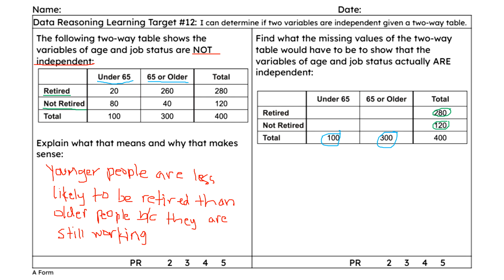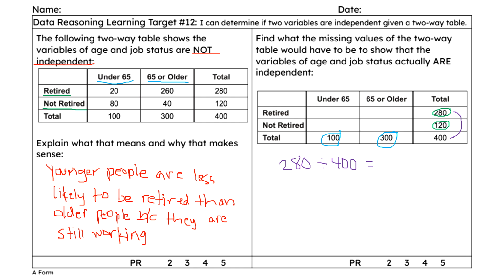I'm going to look at the column of the totals here. So I had 280 out of 400 people who said they are retired. So that's 280, and that's out of 400. So I wonder what proportion that is. What percent is that?